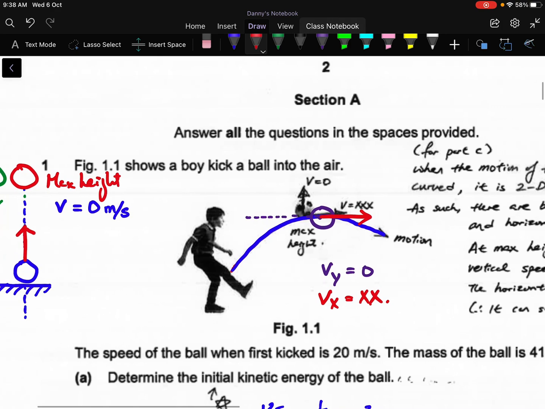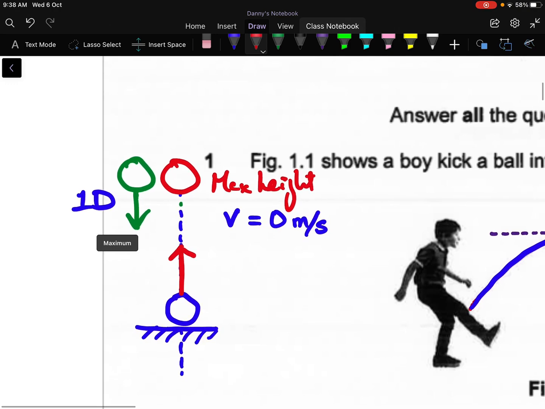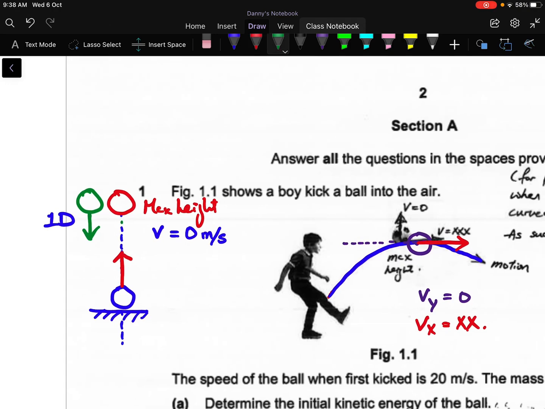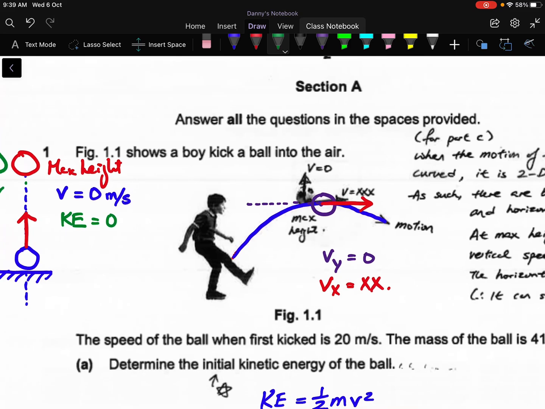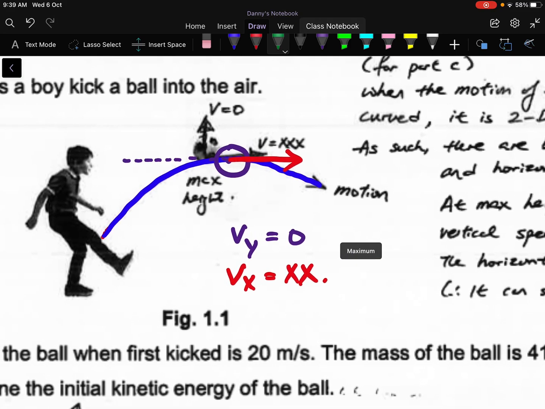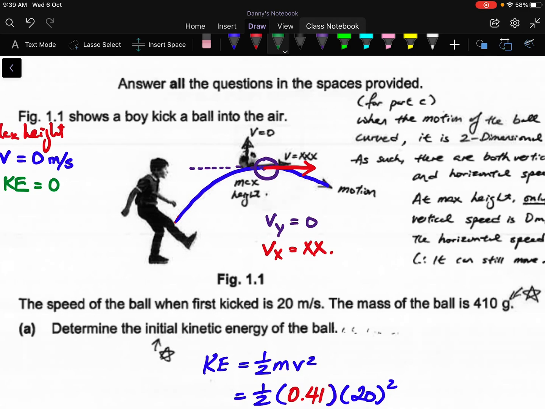So the key learning point for this question is that for one-dimensional motion, at maximum height, KE will definitely be equal to 0 because the speed or the velocity will be 0. But in a two-dimensional parabolic motion, when the object reaches the maximum height, only the v in the y direction, that means the vertical direction, is 0, but the velocity in the x direction will be equal to something.